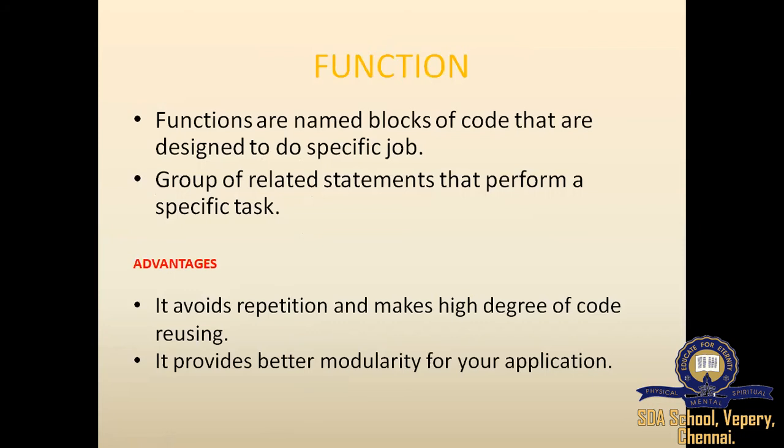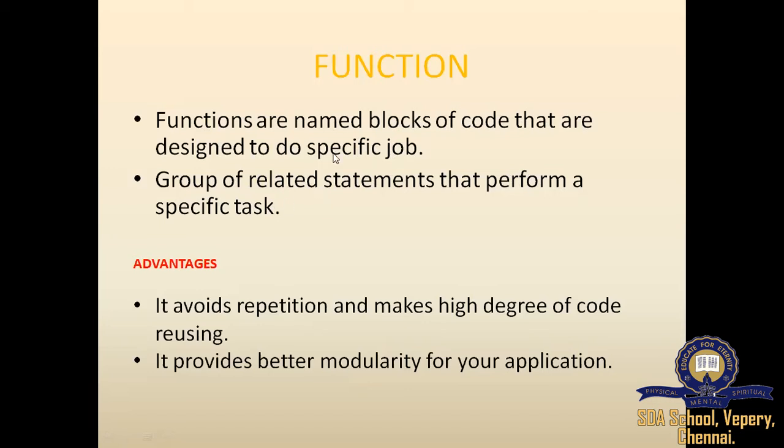First, we will see the definition of a function. We can define a function in these two ways. Number one, functions are named blocks of code that are designed to do a specific job. Second form of defining a function: a group of related statements that perform a specific task.